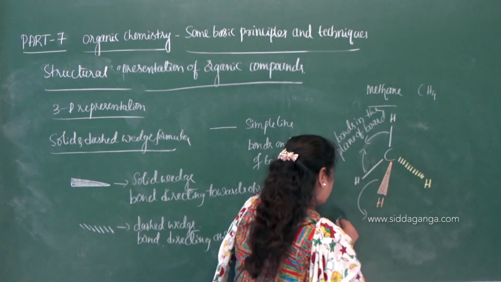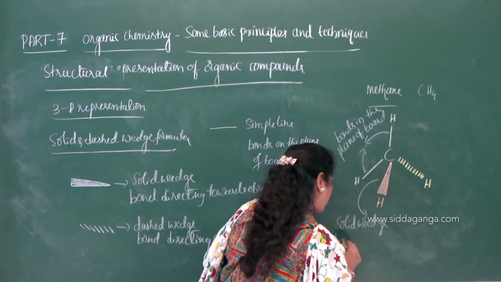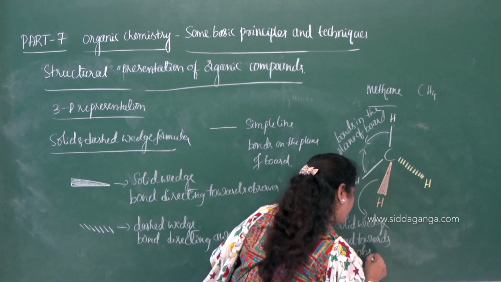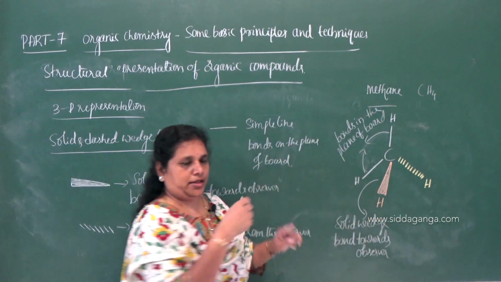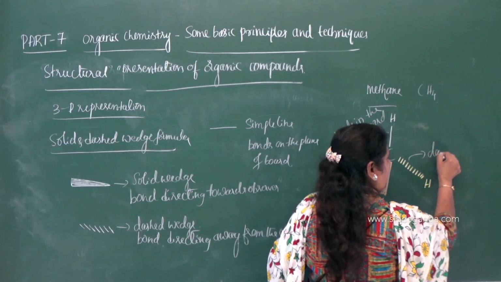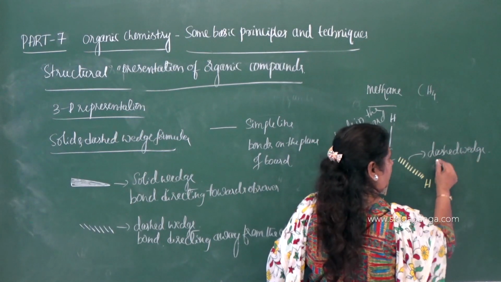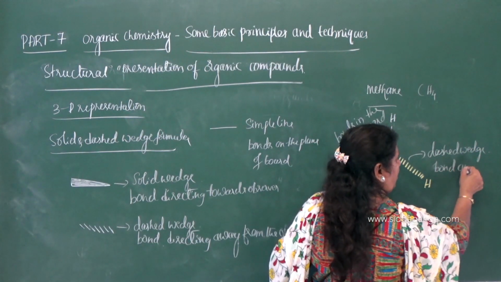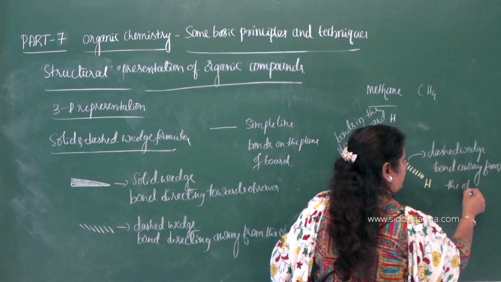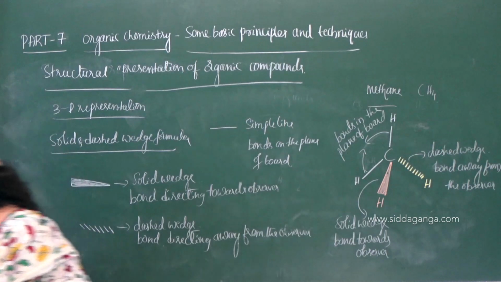This is a solid wedge bond towards the observer. It is like this towards the observer. And this is a dashed wedge, a bond away from the observer.